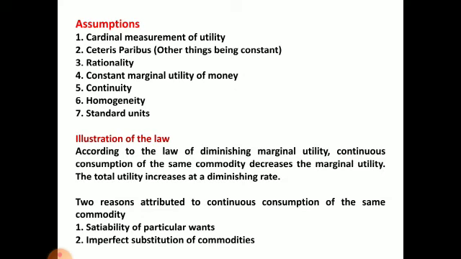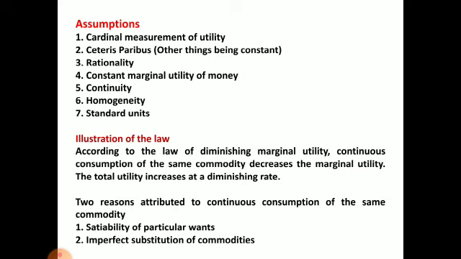Yet another assumption is rationality. Rationality is another basic assumption of the law. Rationality implies the attempt to maximize the satisfaction. The law of diminishing marginal utility assumes rationality on the part of the consumer, which means every consumer aims at achieving maximum satisfaction.